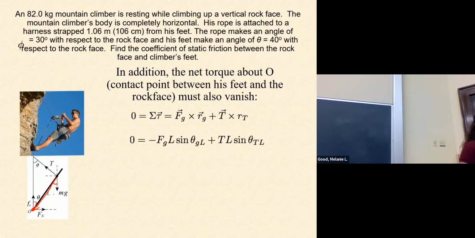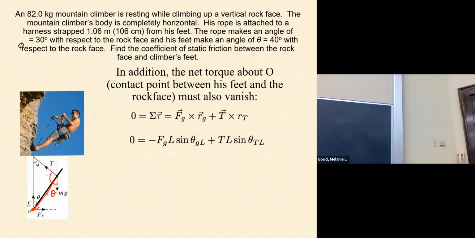For gravity, does everybody see that this angle here is the same as this angle down here? Because they are alternate interior angles. So they're equivalent, right? For the tension, it's a little trickier because that angle is that whole thing.